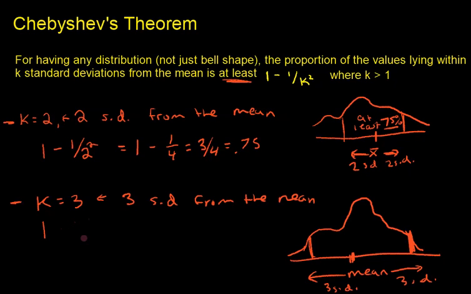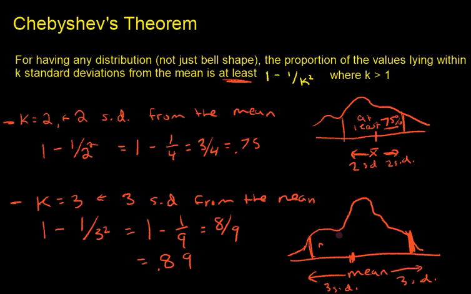Chebyshev's theorem would tell us it's 1 minus 1 over 3 squared, which is 1 minus 1 over 9, which is 8/9, which is 0.89 or 89%.